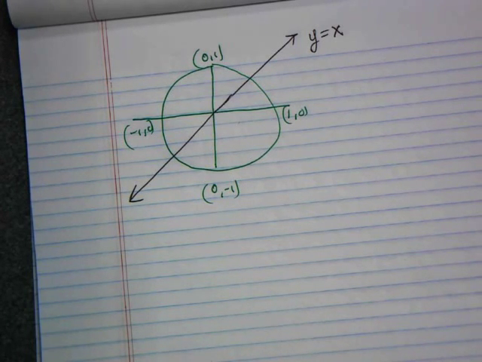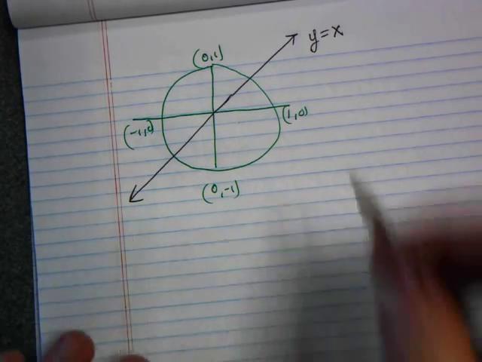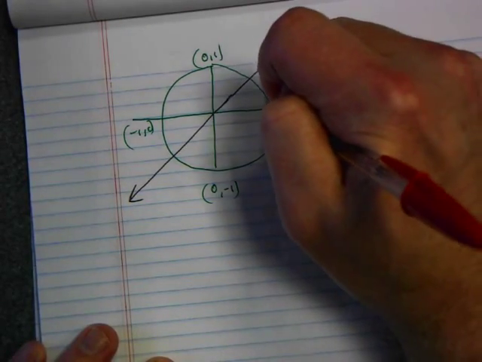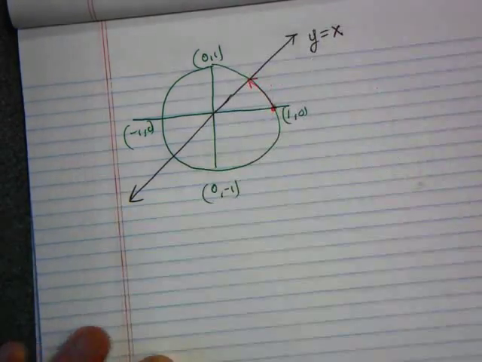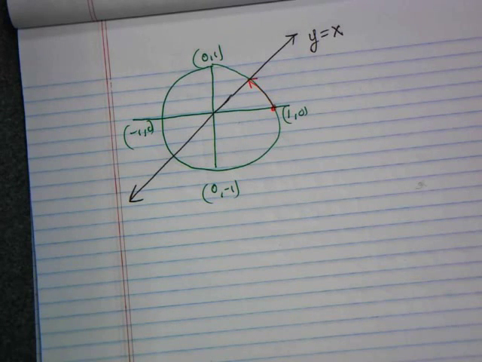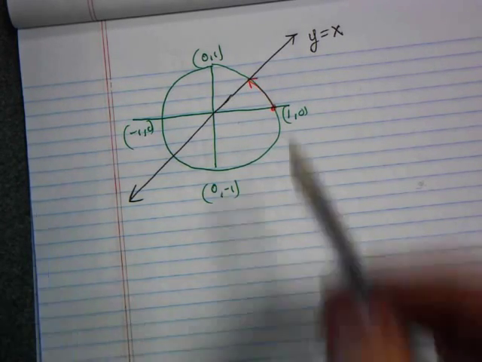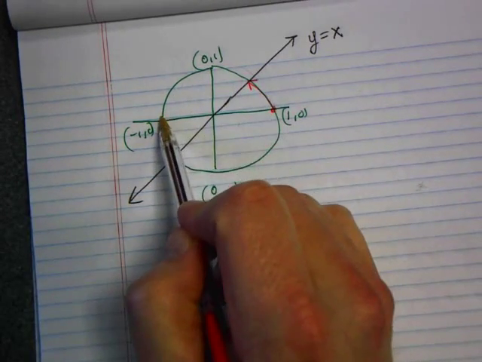If that's the line y equals x, how long is that arc length? Halfway is pi.